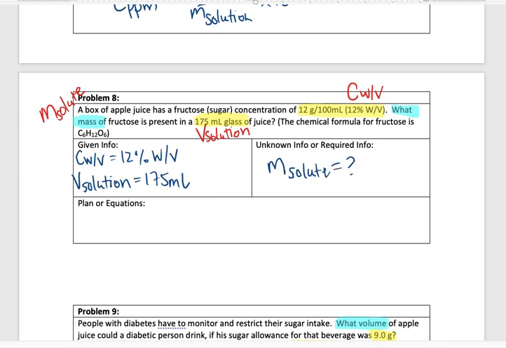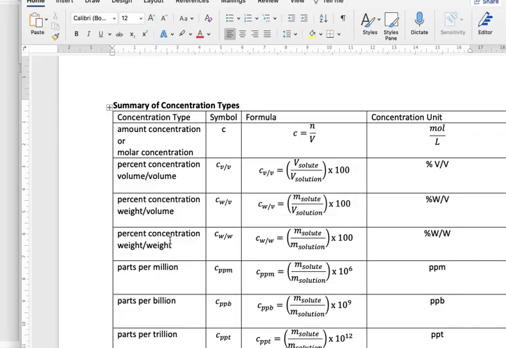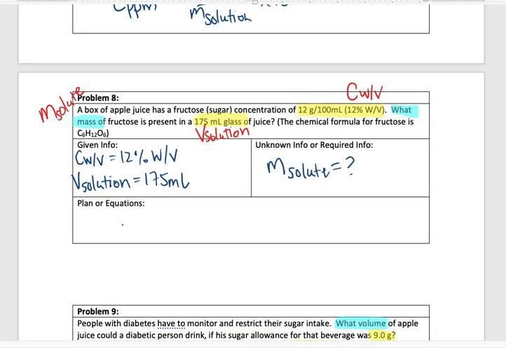Okay, so let's look at the formula. What is the weight volume? So it's mass over volume, times 100. And this is going to get us our concentration, weight per volume. Okay. All right, but what do we need? We need this top value here.